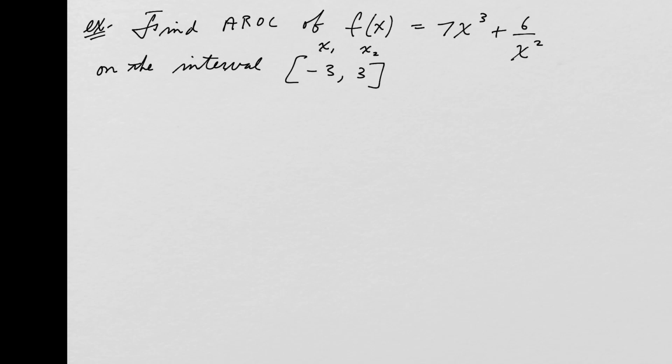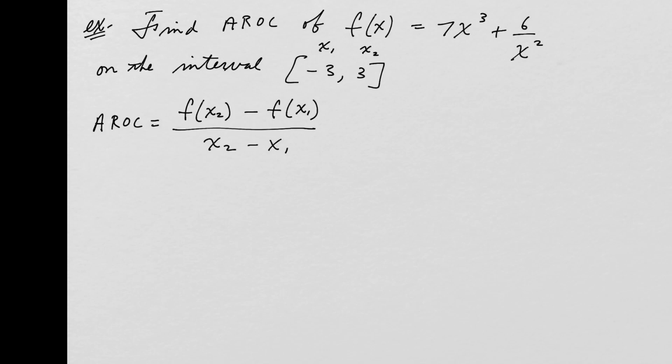Okay, so for the average rate of change, I want to write it in this form now. It's going to be the function evaluated at x2, that's like my y2, minus the function evaluated at x1, that's like my y1, over x2 minus x1.